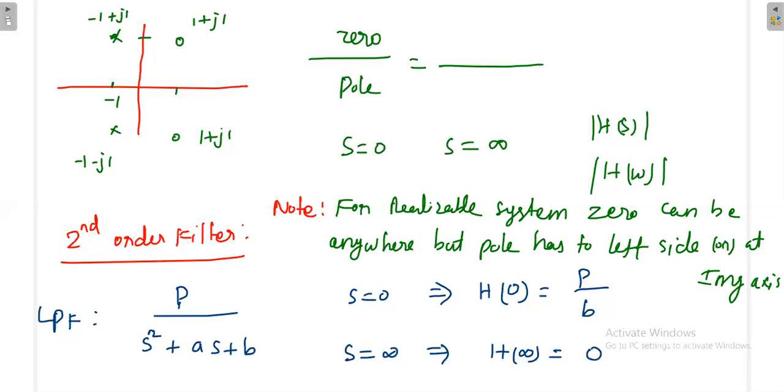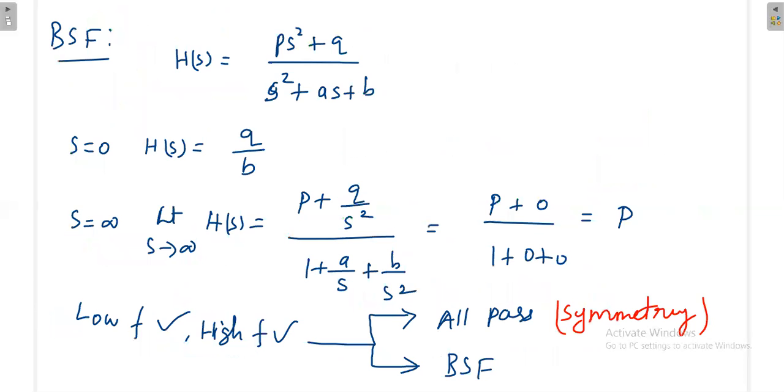Again, if you see here, once it follows the symmetry, then that is an all pass filter. If it does not follow the symmetry, then definitely this is a band stop filter. Another important point is whenever they give us a circuit, it is a little bit tricky.